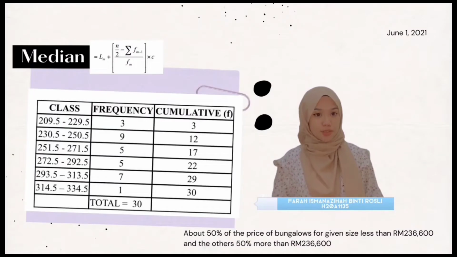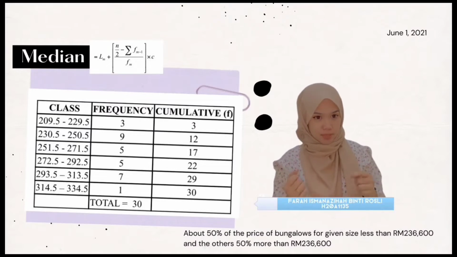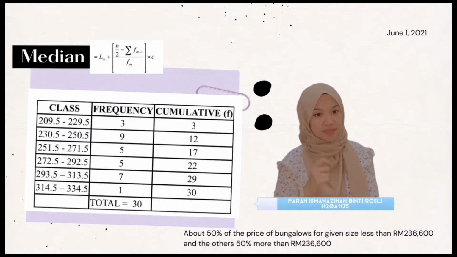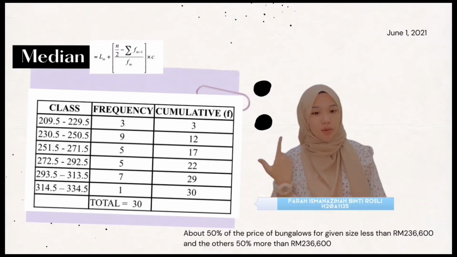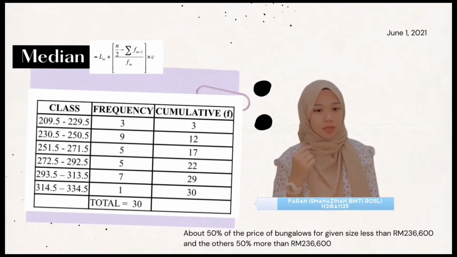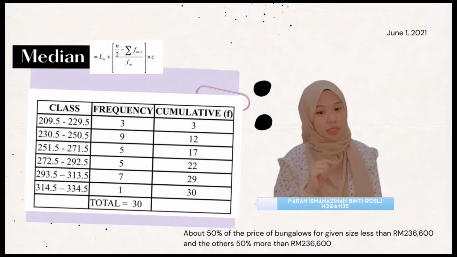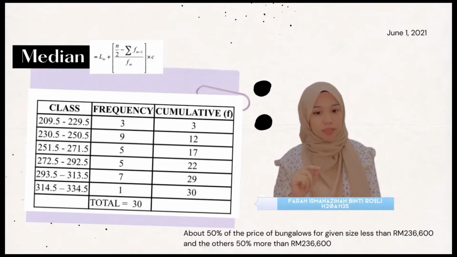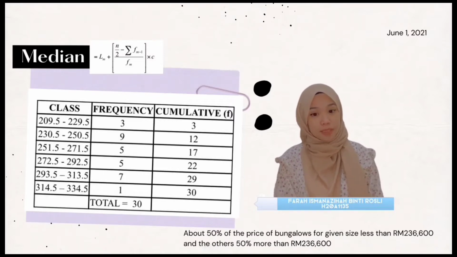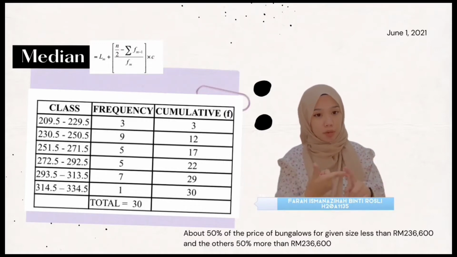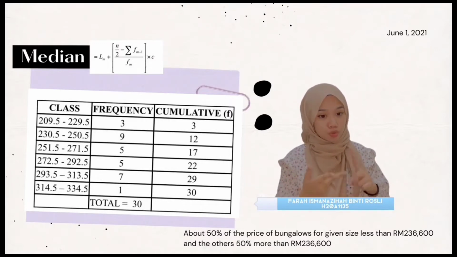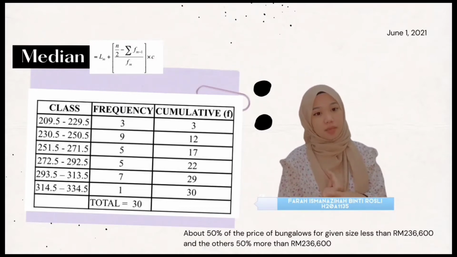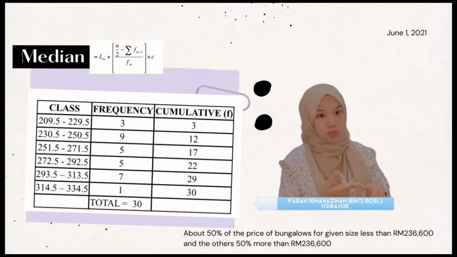The second measure of central tendency is the median. Median is the middle value of the data collected from the table. The formula of the median is the lower boundary of the median class plus, number of data divided by 2 minus the cumulative frequency before the median class, divided by the frequency of the median class, times the class width.